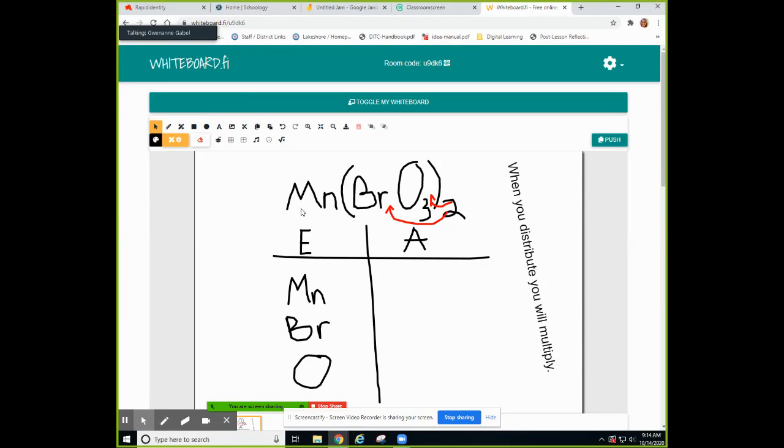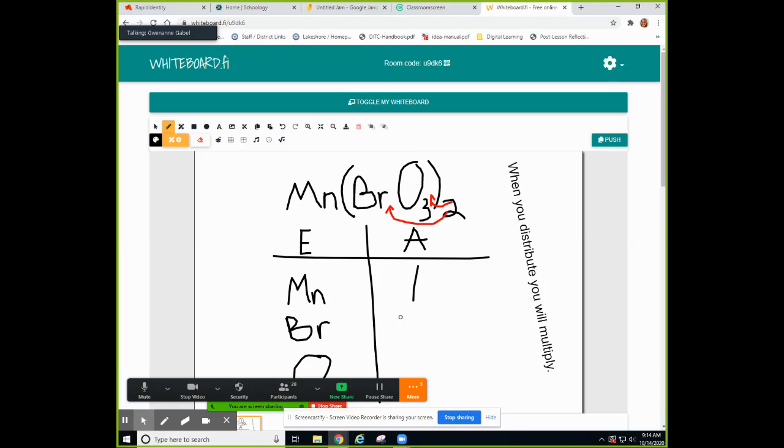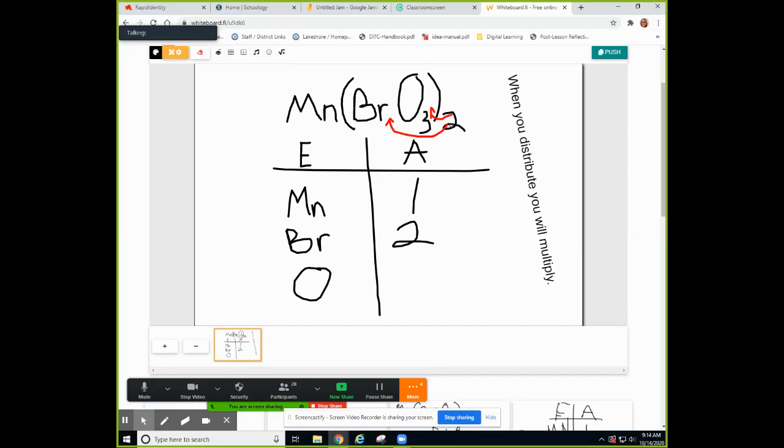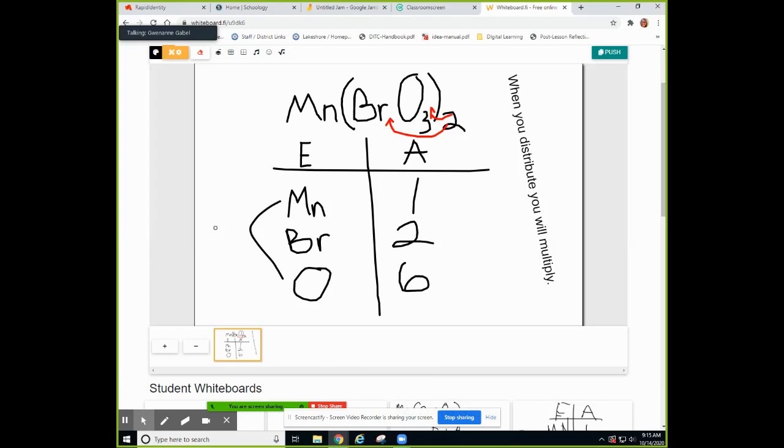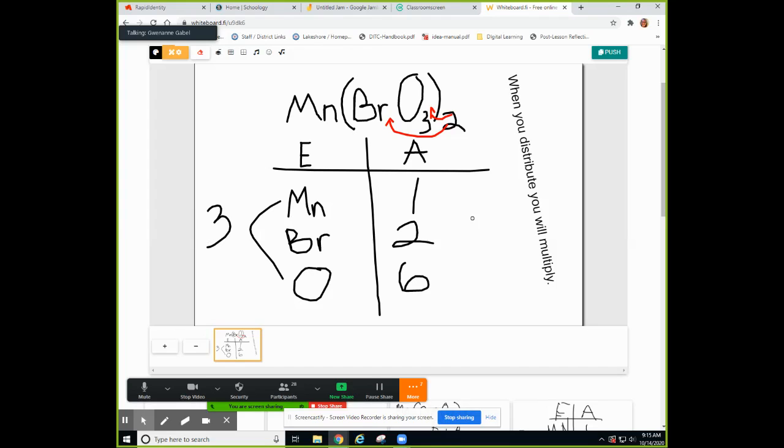So we have no subscript for Mn, so that means we have 1 atom. Bromine, because we distributed this 2, means we have 2 atoms of bromine. We distributed our 2 to this 3, and we multiplied them, meaning we have 6 oxygens. Okay, so we have 3 total elements, but we have 9 total atoms. Okay, 9 total atoms.